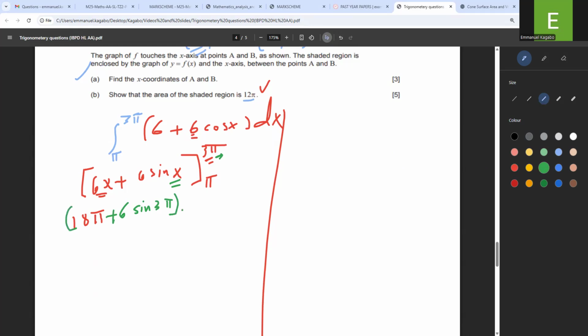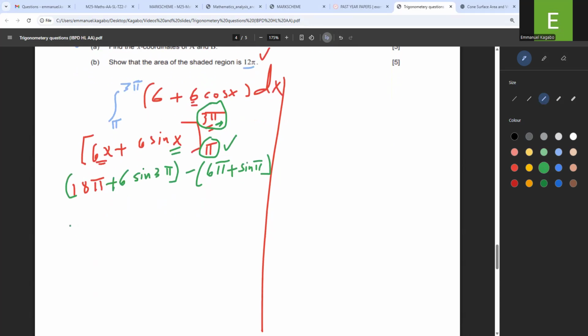Okay, minus, open the bracket, it's going to be 6 pi, right? Plus sin pi. Am I talking to someone? I've just substituted the upper limit first, and then you do the subtraction of the lower limit.